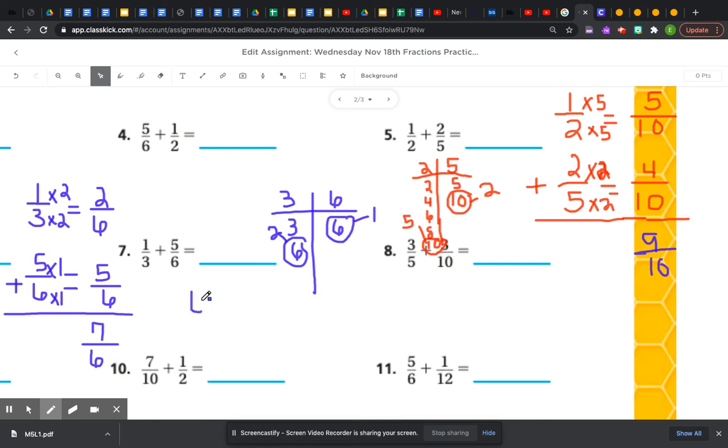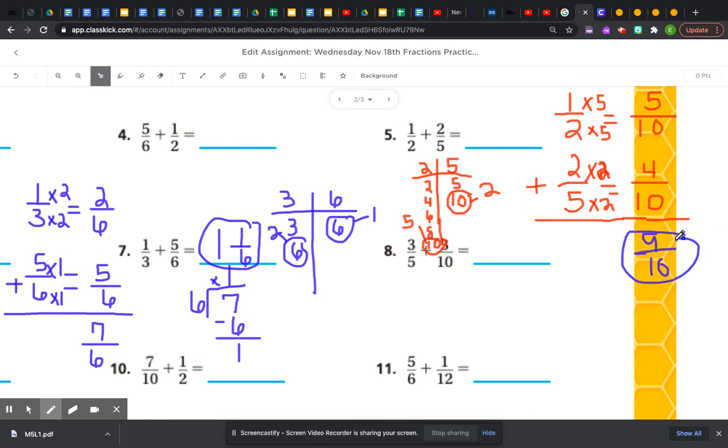It's improper, so we have to convert this into a mixed number. 6 goes into 7 one whole time. 1 times 6 is 6. 7 minus 6 is 1. And so our whole number is a 1. Our denominator stays a 6. And our numerator was a 7. Now we have remaining a 1. So our answer is 1 and 1/6.